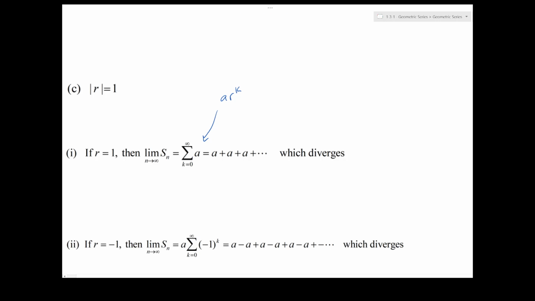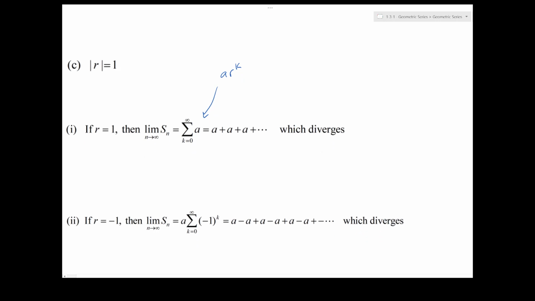And the last situation is if r is negative 1, then again, remembering we've got the series a r to the k, the common factor is a. I'm going to take that out in front because I can. And then I'm left with negative 1 to the k because r is negative 1. So how's that work? What do we get? First term's a. Second term, also a, but it's negative. Then you add a positive a. Then you subtract an a, plus a, minus a, right?